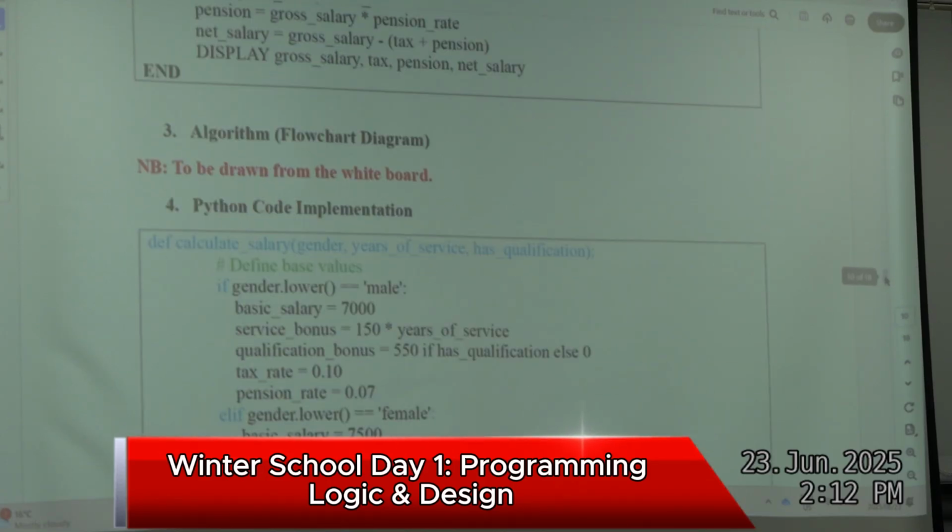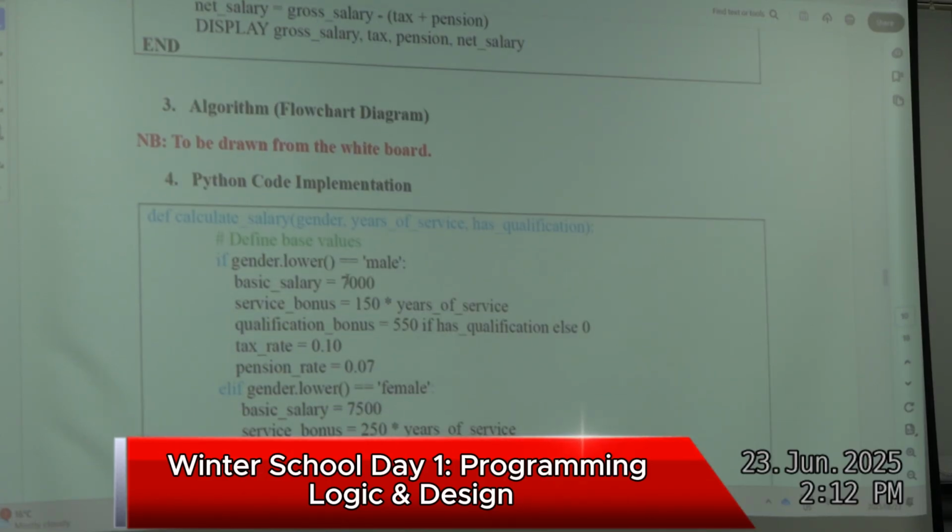Once you do that code, remember we have a function here. In Python, a function is defined with the keyword def. Now you give the name of that function. The name of it is calculate_salary. We have gender, years of service, and qualification. You have to determine the variables that will be entered. At the end of the function, there is a colon.